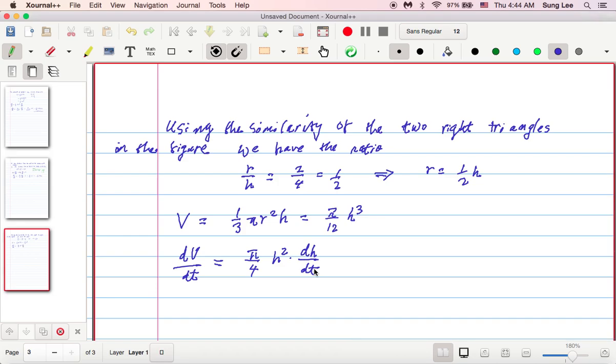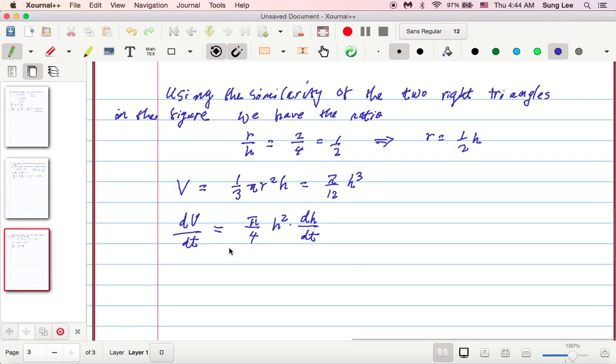V is a function of depth of water in the water tank, so V is a function of h, but h is also a function of time t. We are taking the derivative with respect to time variable t, and we are trying to find dh dt.